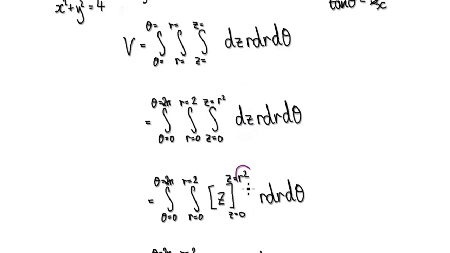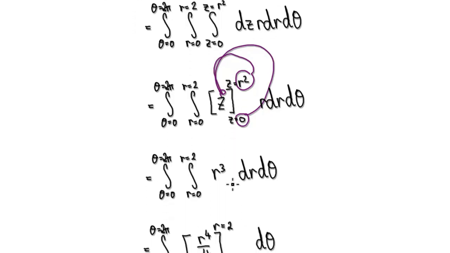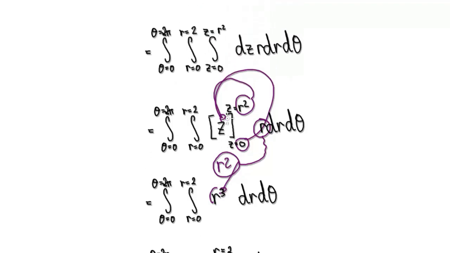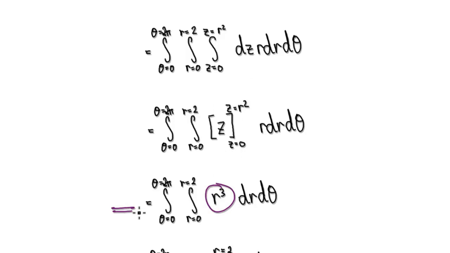Now put r squared in, and take away 0 put in. That gives you r squared, but then you've got this r here, so that will give us r to the power 3.